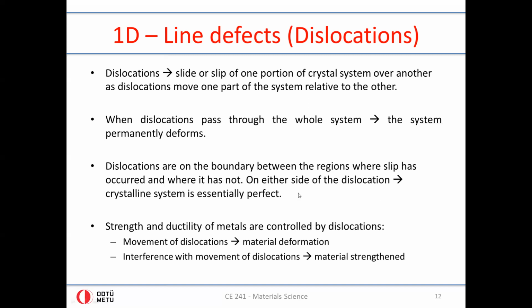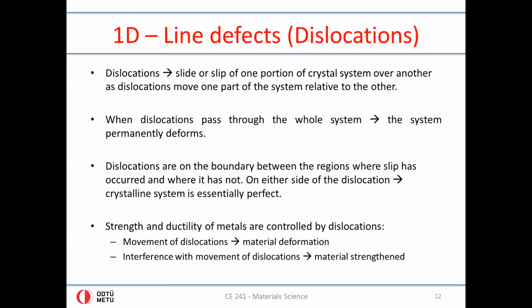And on either side of a dislocation, the crystal system is perfect. So essentially, a dislocation separates one part of the crystal that is perfect from another part that is perfect but shifted by 1, 2, or more atomic spacings with respect to its original position.